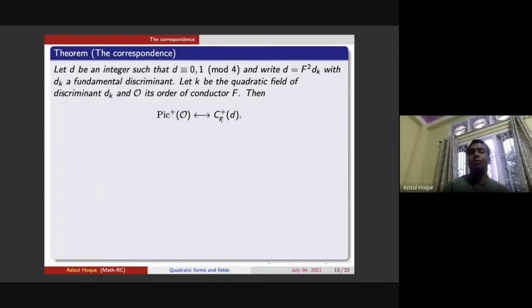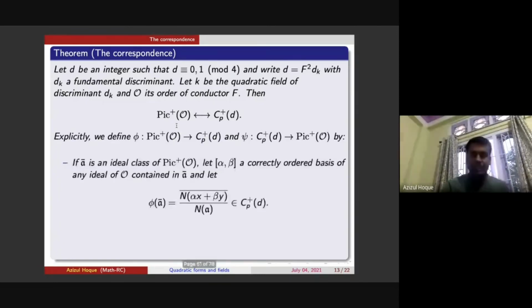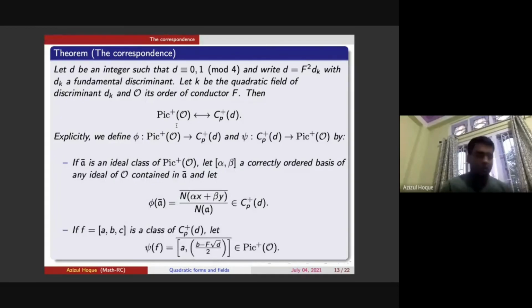So this means the set of all positive definite primitive binary quadratic forms of discriminant D. Okay, so we have a nice correspondence between these two objects, and those maps are given explicitly.